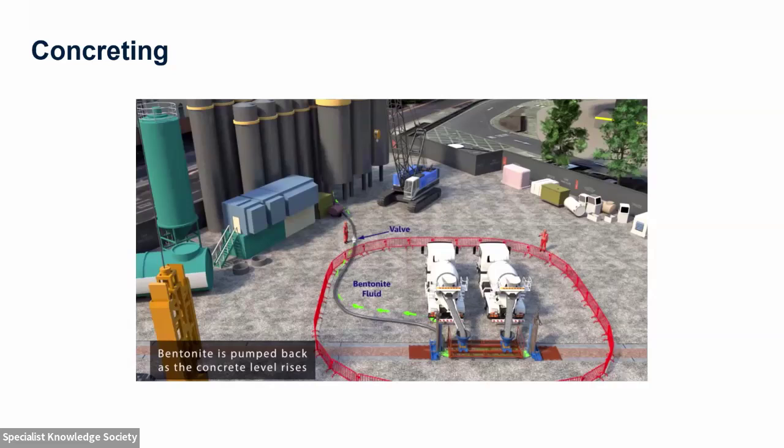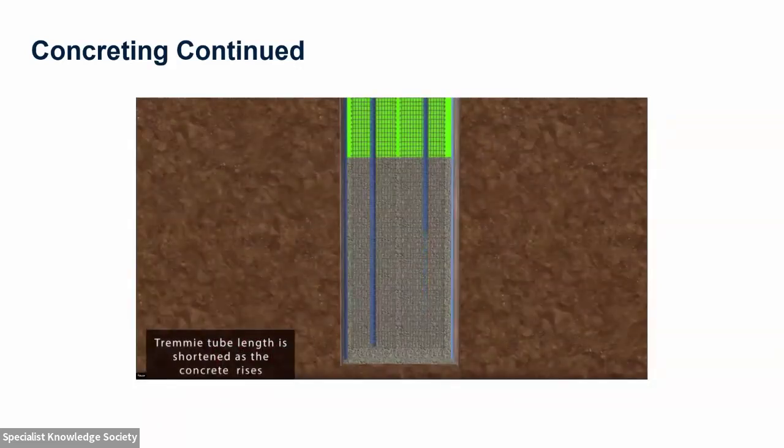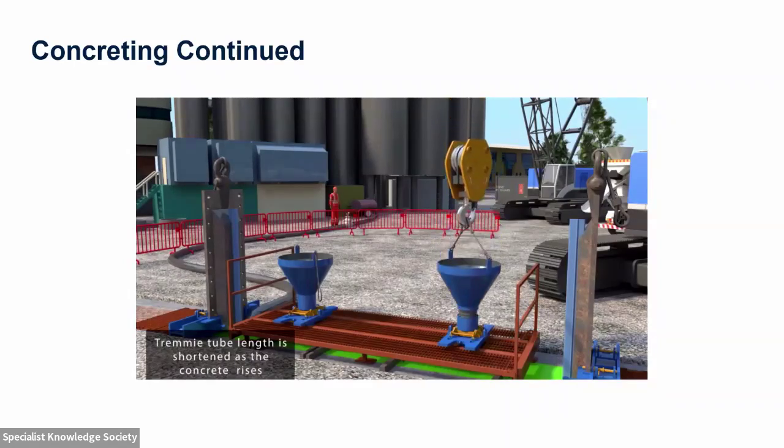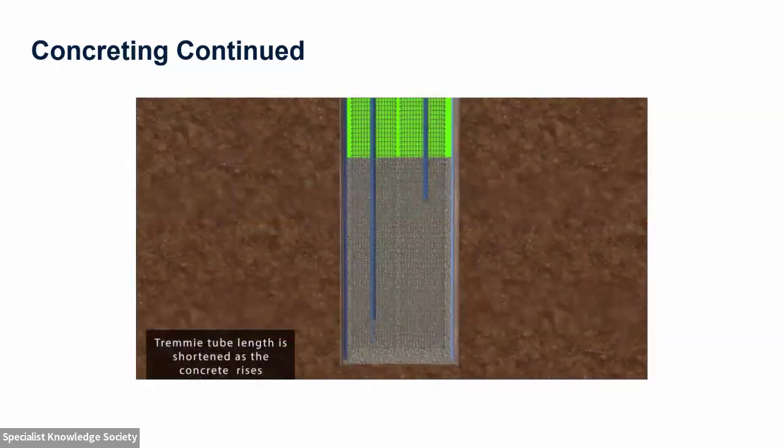panels. And as the concrete is poured in through the tremie tube, as we should see here now, the concrete is poured down the tremie tube, which then displaces the support fluid, the polymer or bentonite that's in the panel. That's pumped back out to the polymer or bentonite farm, and your tremie tubes can be gradually lifted and split as they're coming out of the ground.